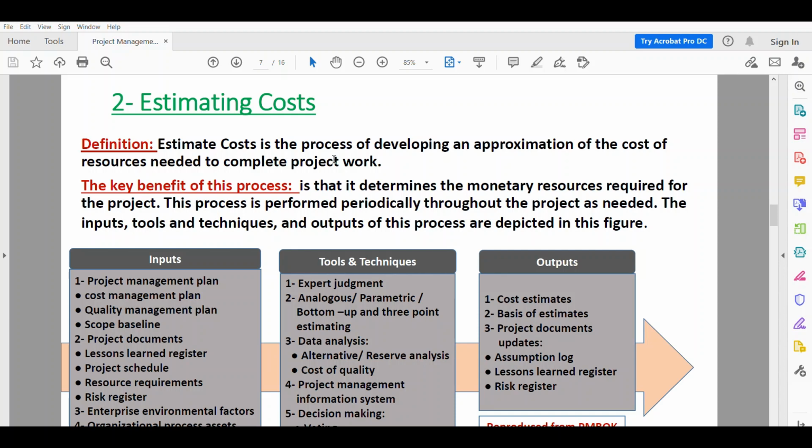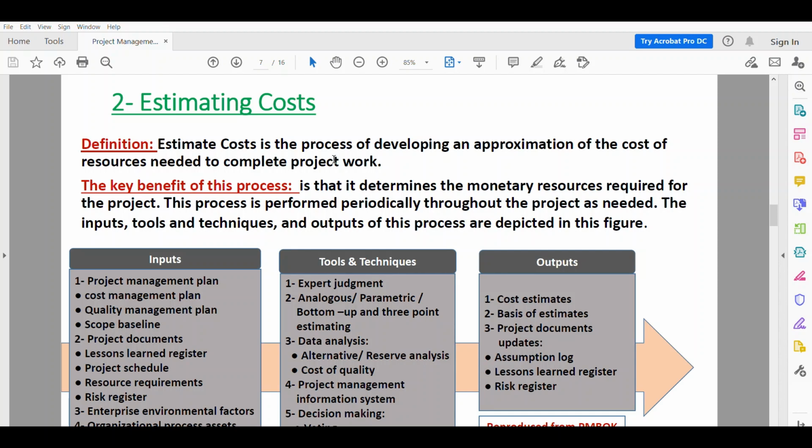If the project takes 4 years to be completed, you have to take the inflation into account. Cost of financing, because if you borrow money from agencies or banks, you have to take the cost of financing into account. Or contingency cost. Cost estimates may be presented at the activity level or in the summary form.